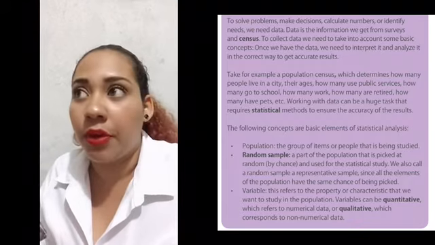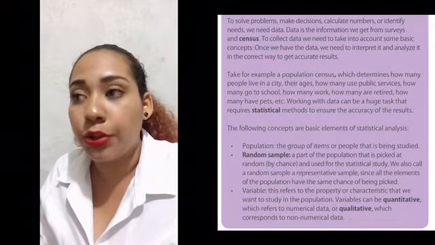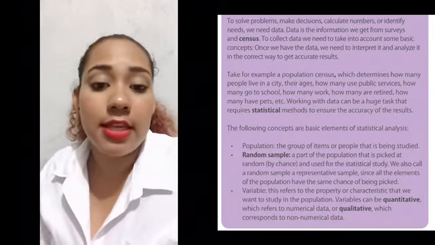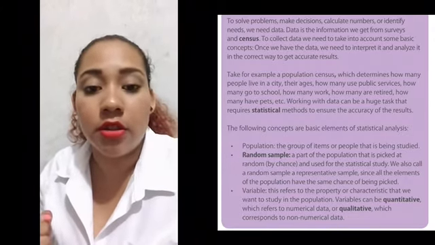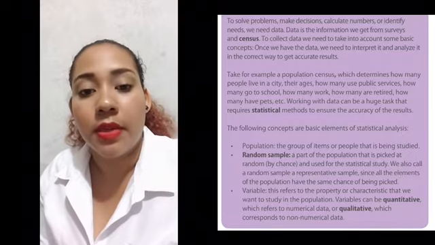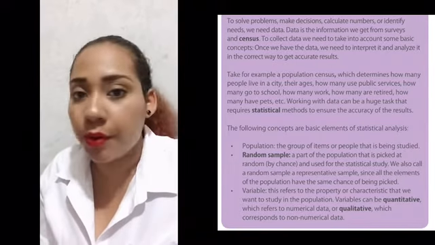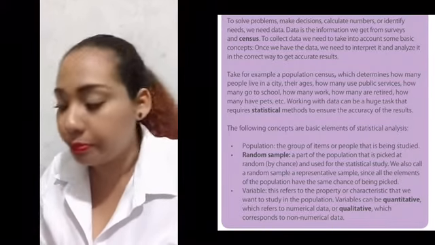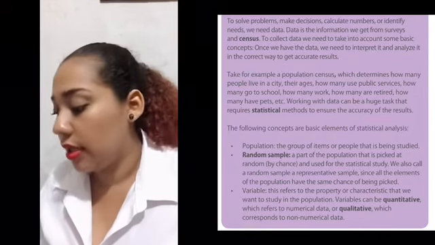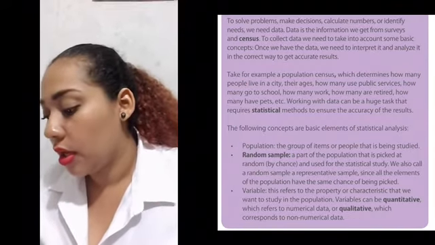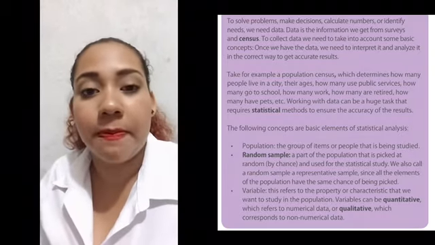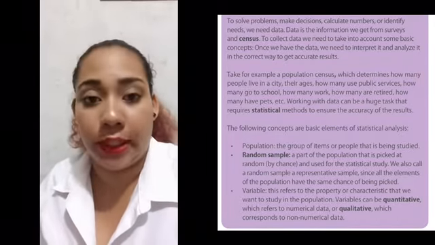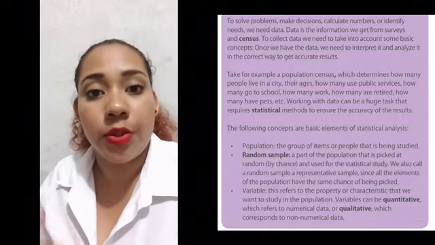This can refer, like, if you want to know the favorite color of a population, their likes, something that doesn't have to refer to numbers. Let's continue and let's see this image. It gives you a little bit more information related to the variables.